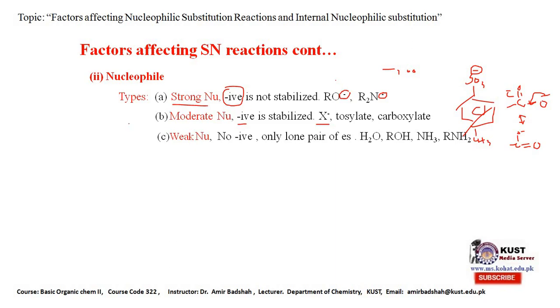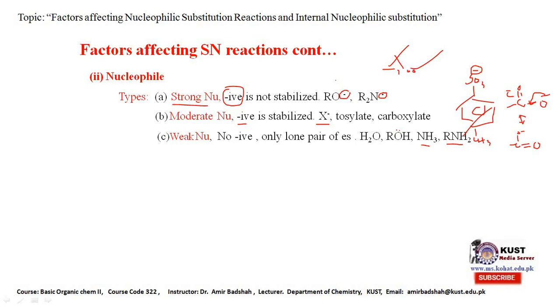The third one is the weak nucleophile. Here there is no negative charge, but there is a lone pair of electrons. This lone pair may be present on the oxygen in the case of water or alcohol, or on the nitrogen, for example in ammonia and the amide ion.